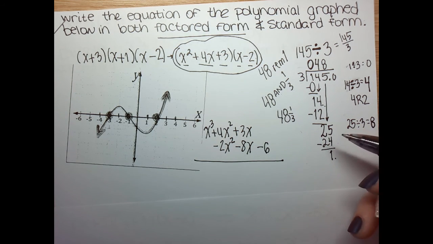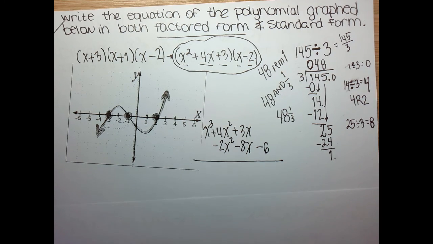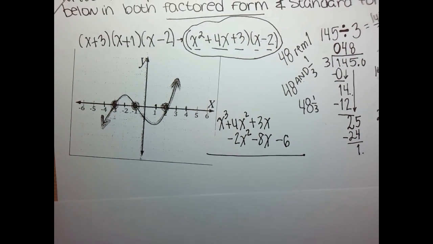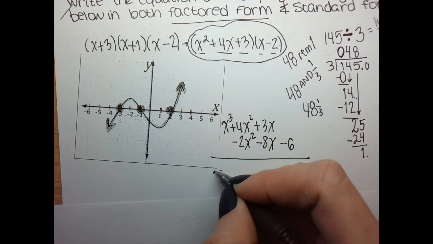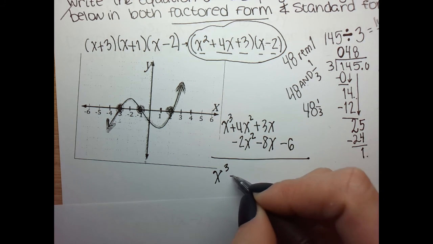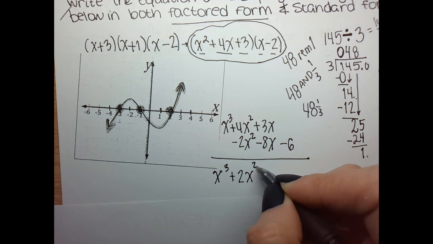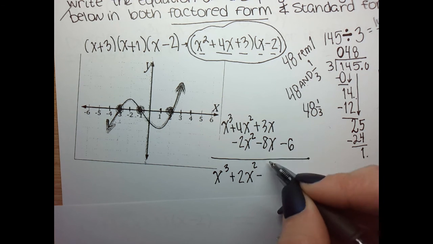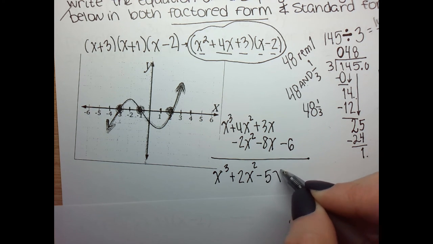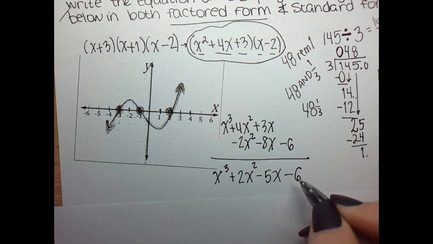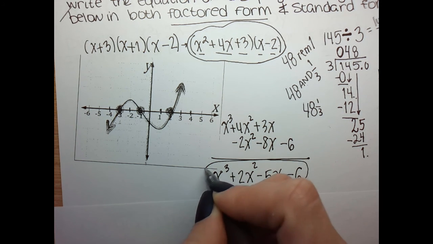I just stack them above their like terms. Combine like terms. What do we get? X to the third plus 2x squared minus 5x. Good. So that is standard form.